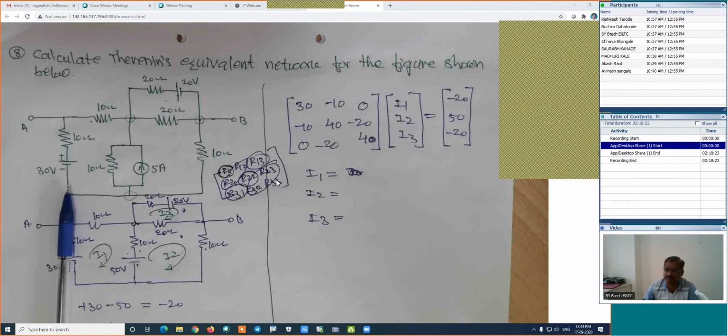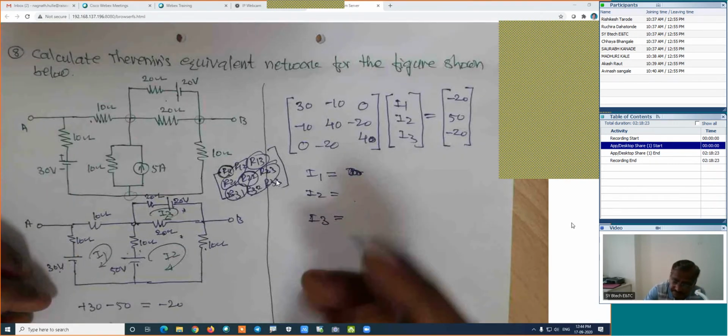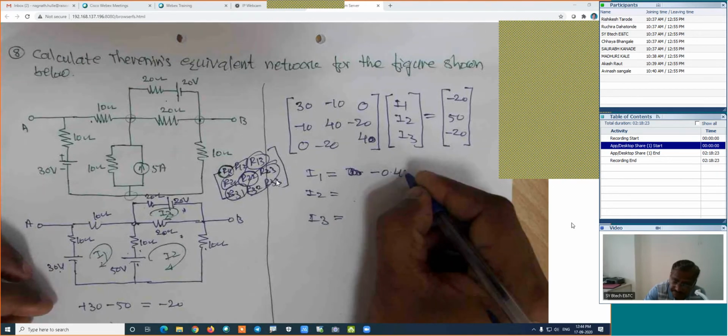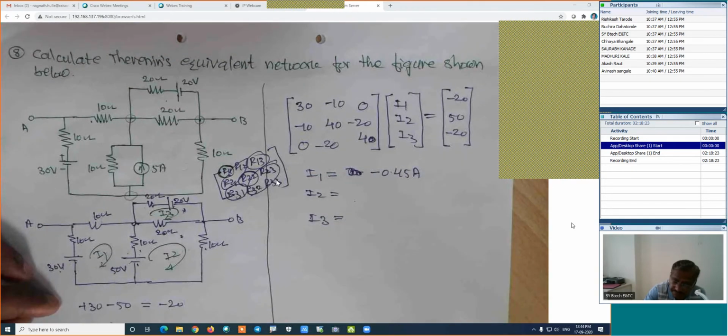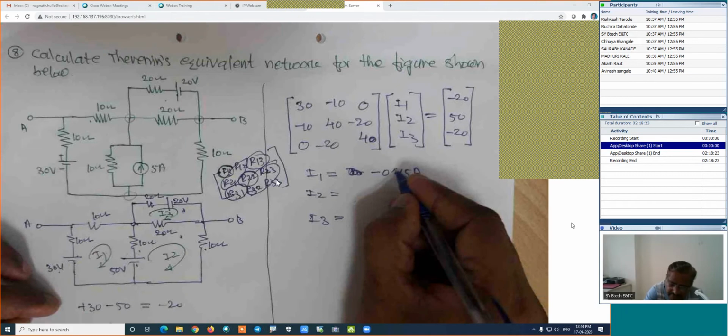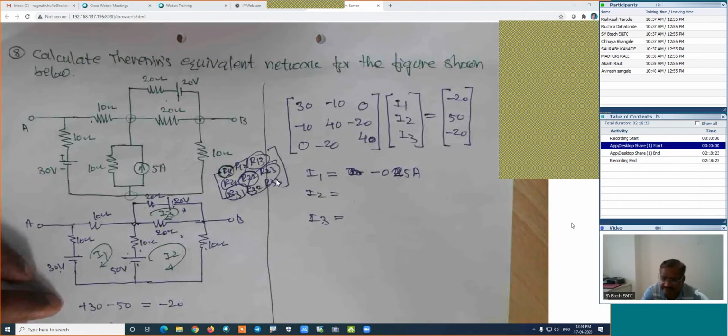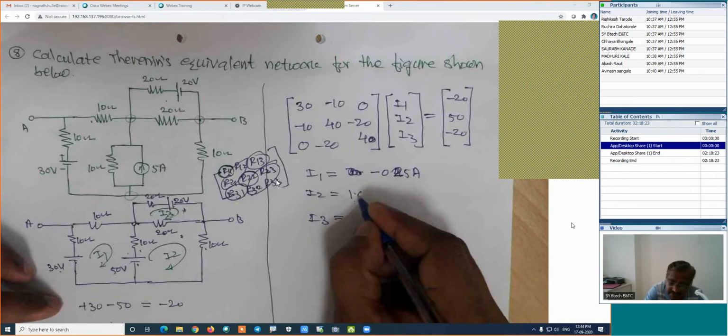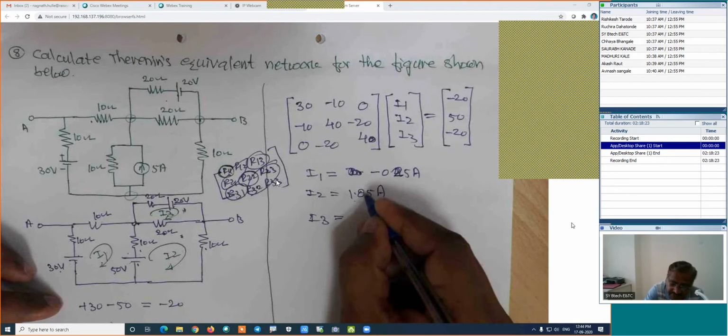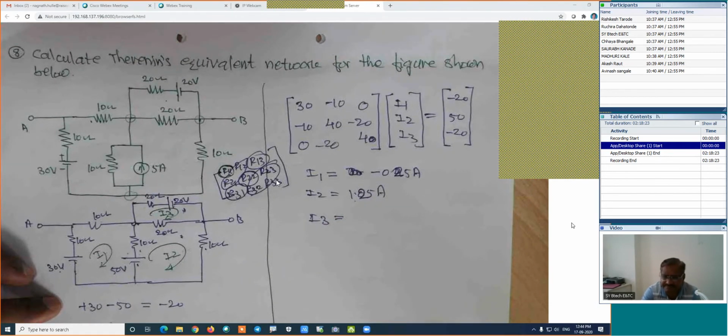Yes, Saurabh. I1 is minus 0.25. Minus 0.25. I2 is 1.25. This is 1.25. I3 is 0.125.